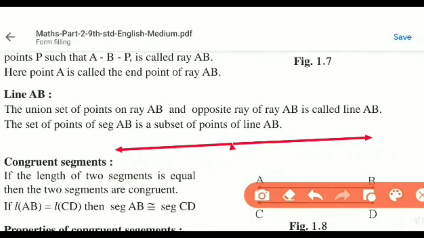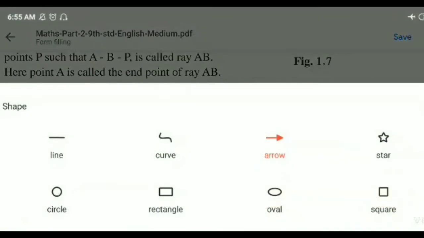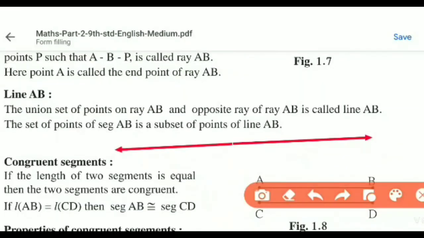This is point A. All the points on ray AB and on the opposite ray, in this direction, together form the set of points of seg AB and its extensions.